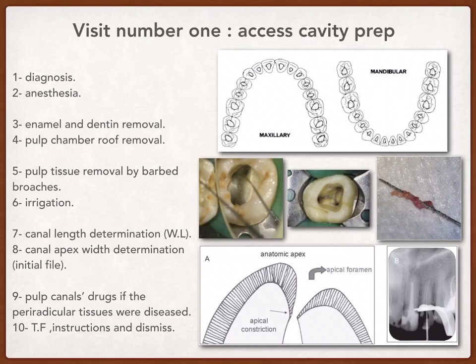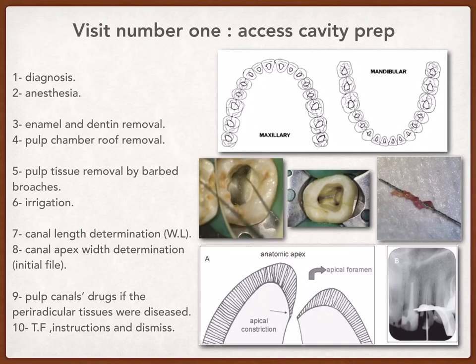That file should be size 10, and then we take an x-ray, and according to that x-ray, as you can see here in this lower picture, we will add or subtract from the length the 20 millimeters that we entered.